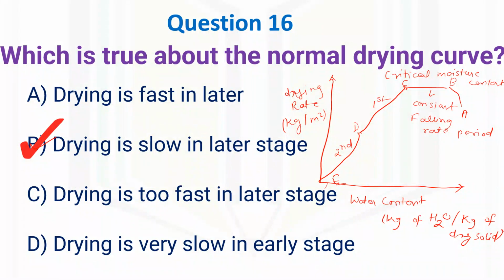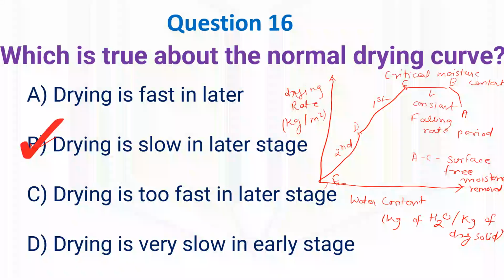So initially the drying of the food material is faster because from point A to C only the surface moisture, or the unbound or free moisture, is removed.